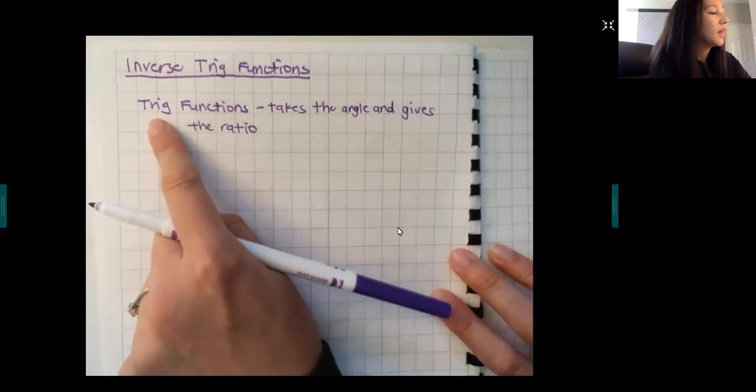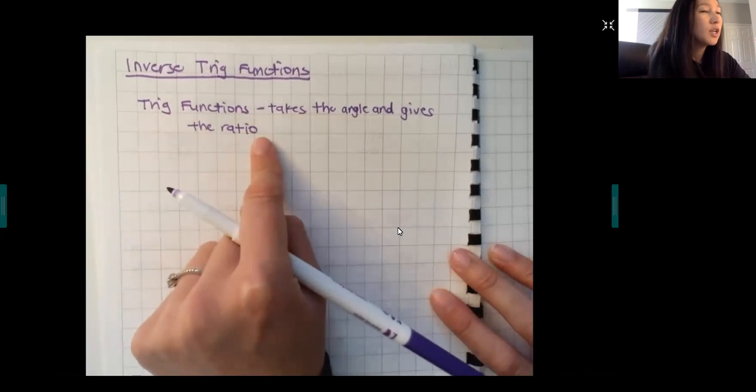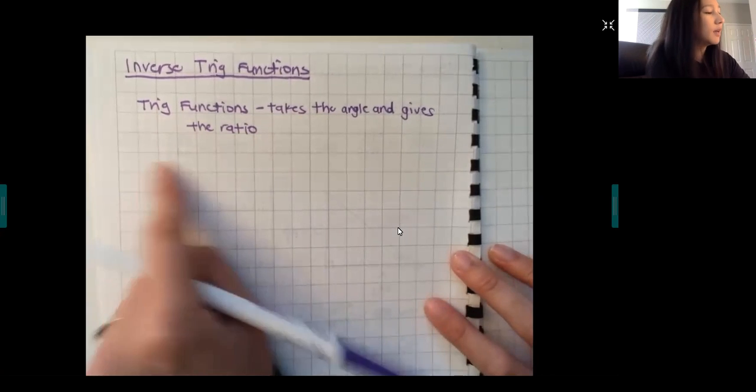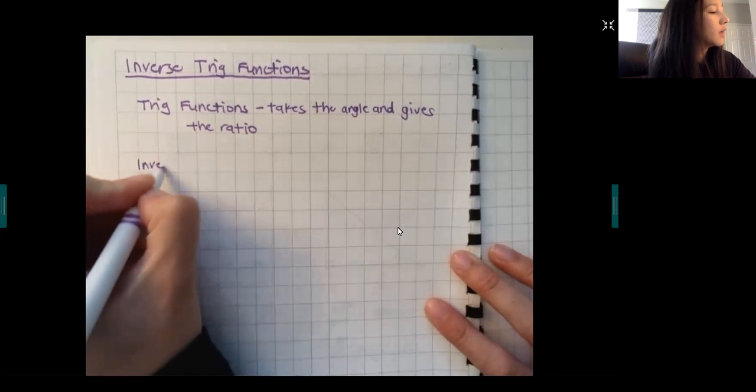Trig functions, what we did last time, take the angle and give the ratio. And inverse trig functions take the ratio and give the angle. So that's what we're going to be doing today.